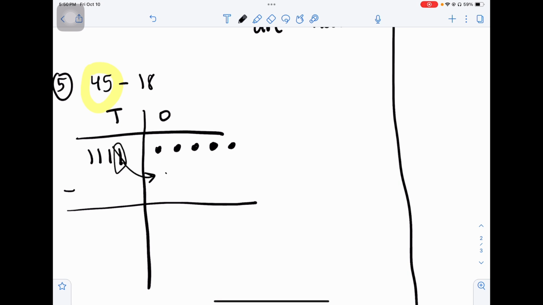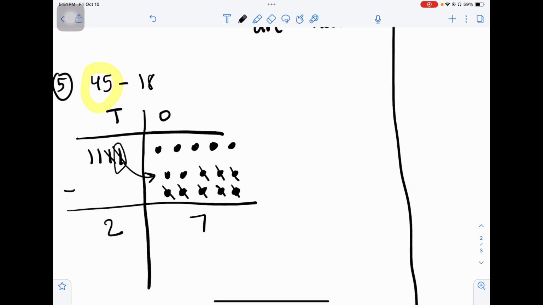I'm going to regroup that 10 into 10 ones. Okay, now can I take 8 away from 15? Yes, I can. So I'm going to count 1, 2, 3, 4, 5, 6, 7, 8. Can I take 1 away from 3? Yes, I can. And I have 2 left, 27.